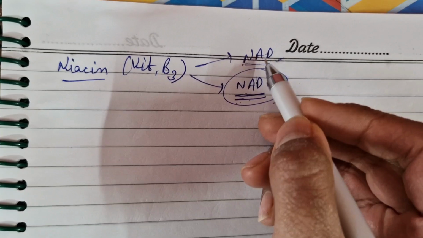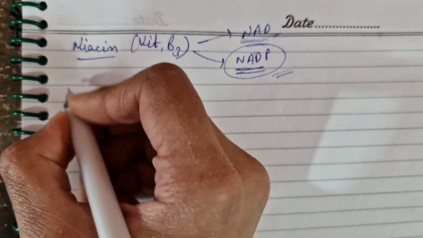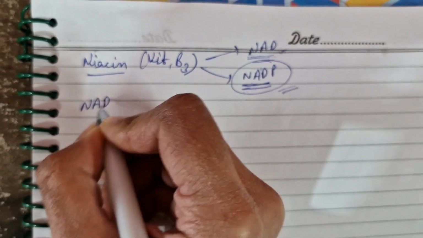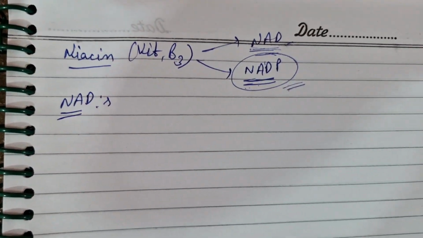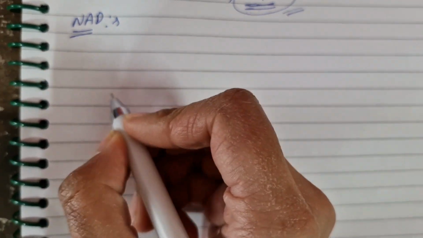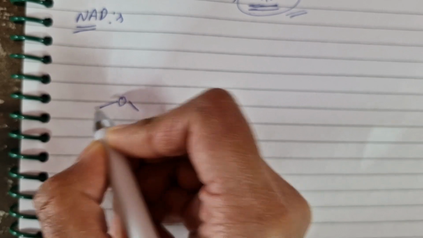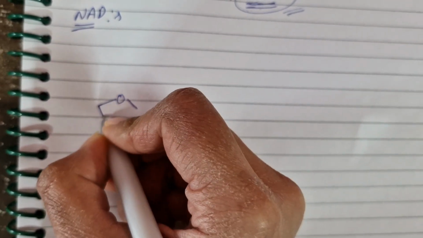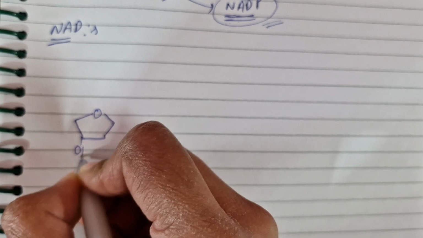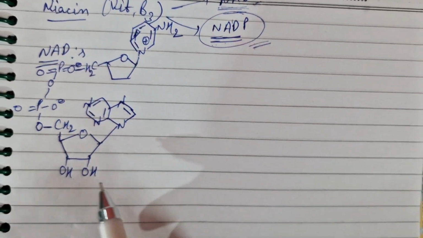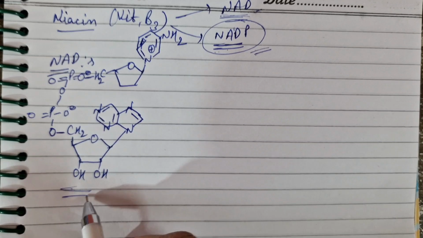So first of all, we will draw the structure of NAD. First of all, we will draw the structure of ADP. This is the structure of NAD.